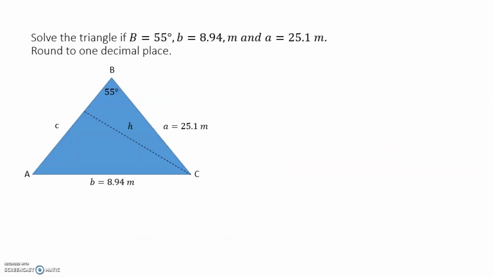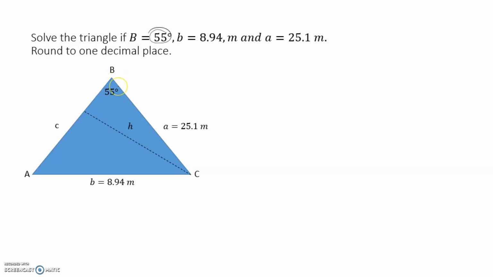Alright, so let's start with this one. Angle B is 55, side B is 8.94, and side A is 25.1. So we label our triangle ABC, and then we list it according to the information they give us. They gave us 55, which is an acute angle, so I could have no triangle, one triangle, or two triangles.